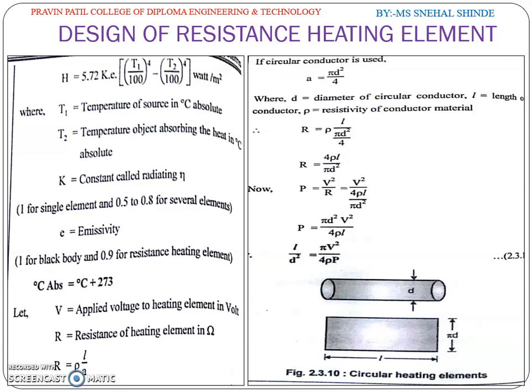So here is the circular conductor, its diameter, and here is the rectangular conductor which is having the length and width equal to pi d.